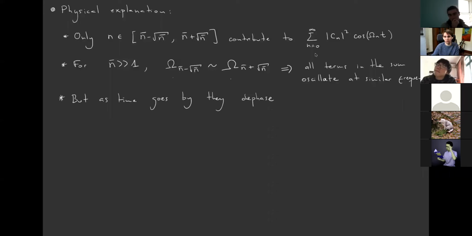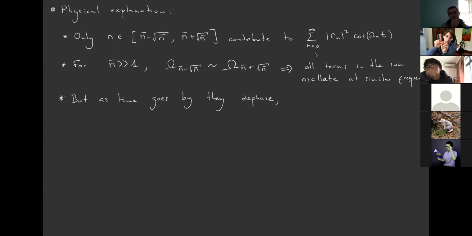But if you wait long enough, in particular the time set by the frequency difference, the period difference, you will see how they start going one ahead of the other. And this is essentially what creates the collapse, okay?